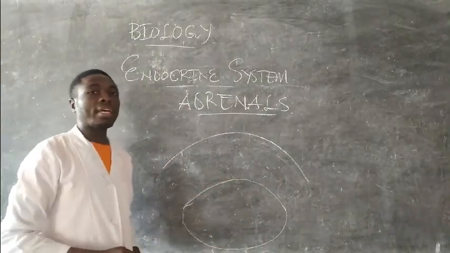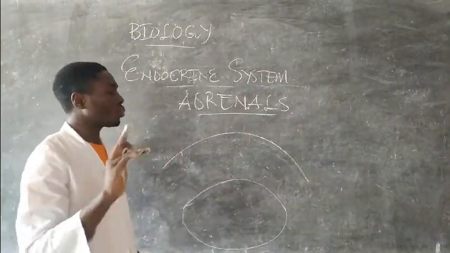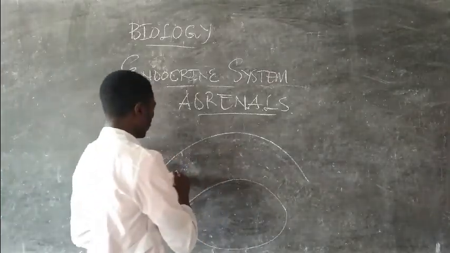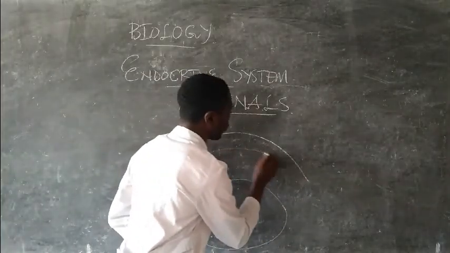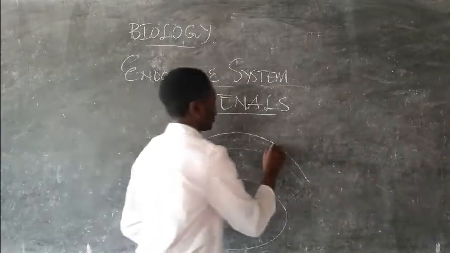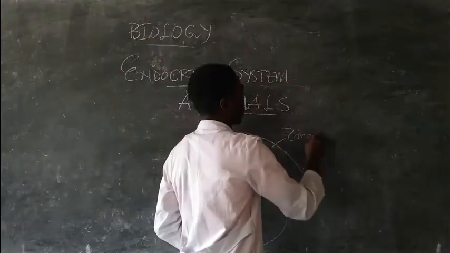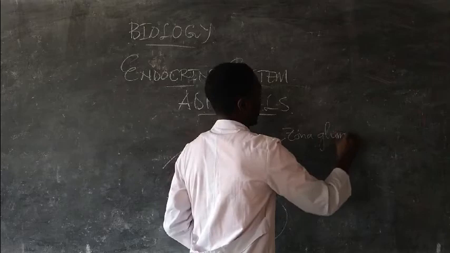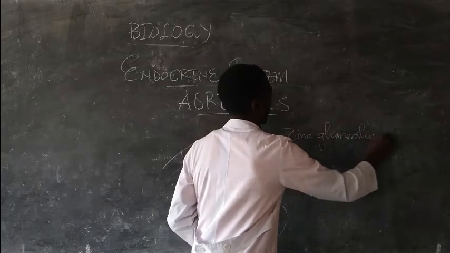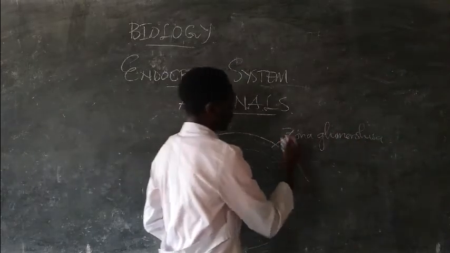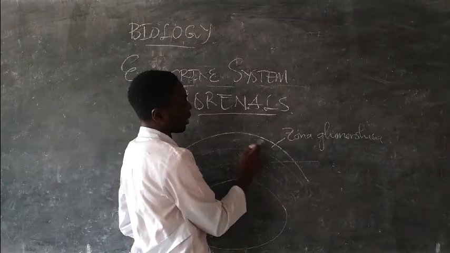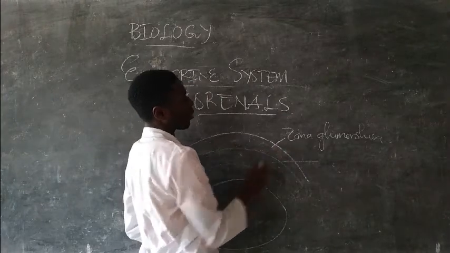Now the cortex, on the other hand, is divided into three zones. From outside to inside, the first layer is called the zona glomerulosa.